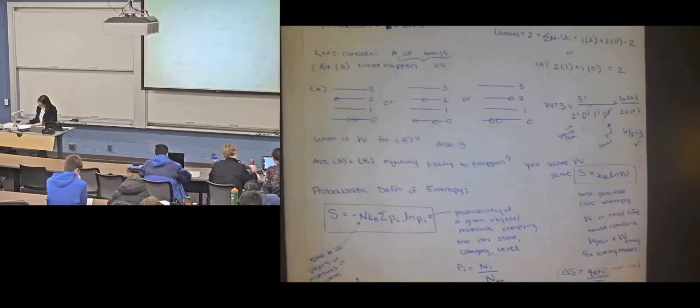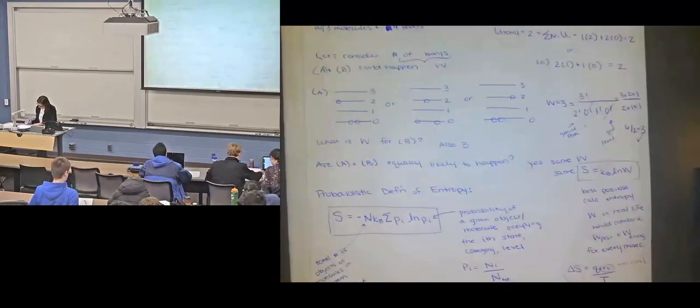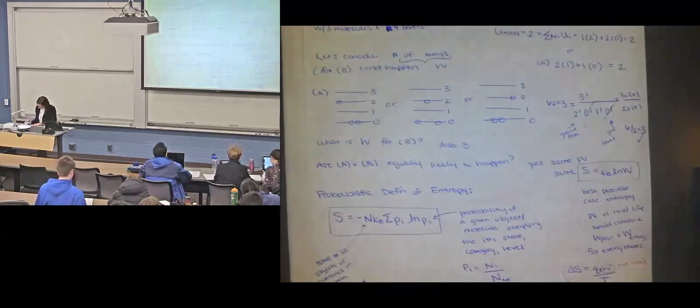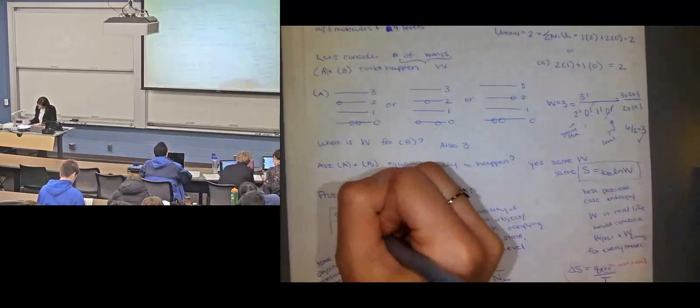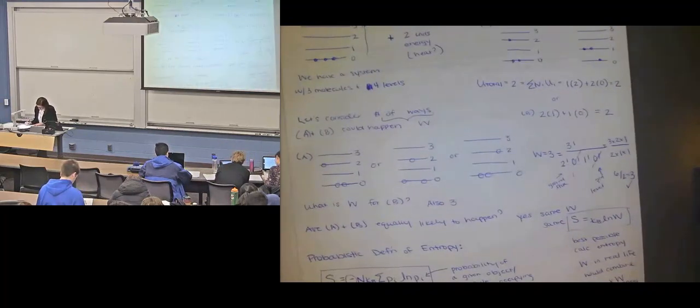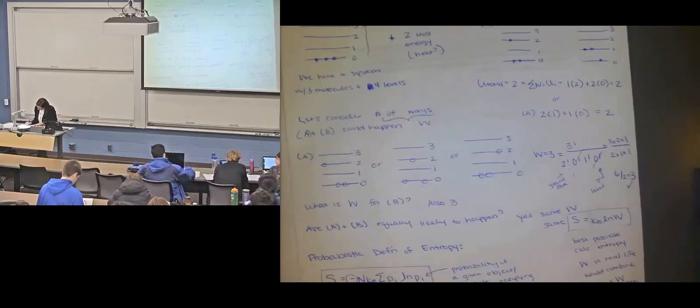And so this explains the function of the negative sign up here. Hence, the negative sign in the equation, because this whole term right here is going to be negative.